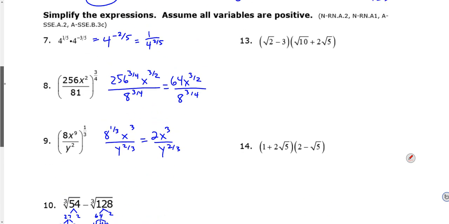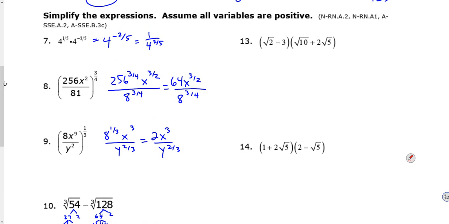Now we've got our multiplying. To multiply a radical with a radical, you multiply the stuff inside. So that's square root of 20. Then we have plus 2 square root of 10. We multiply these, that's negative 3 square root of 10.